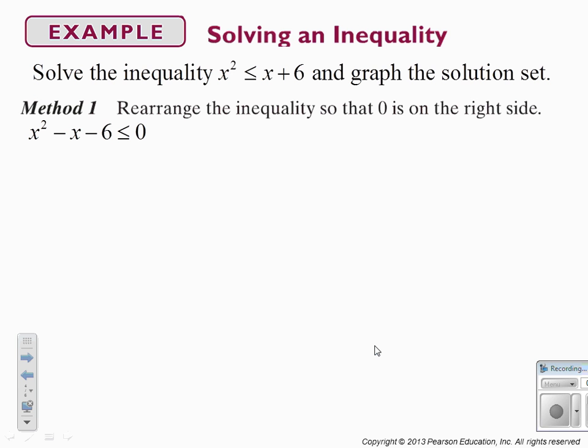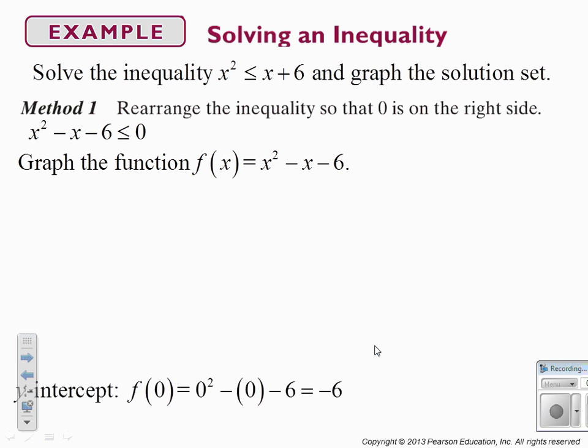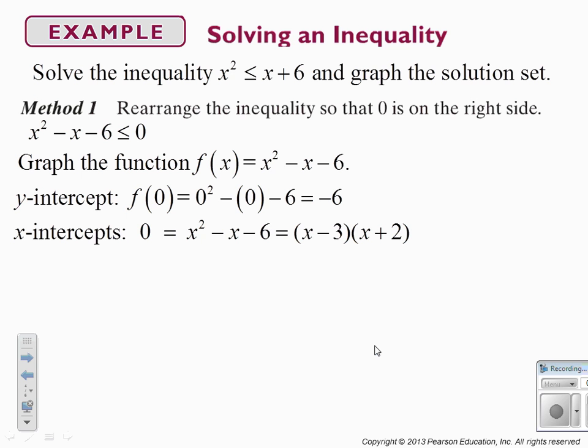And then we have a situation very similar to the one from before. In order to graph this, we know we have a y-intercept at -6. We know that if we factor, we get x minus 3 and x plus 2, so we have x-intercepts at 3 and -2.